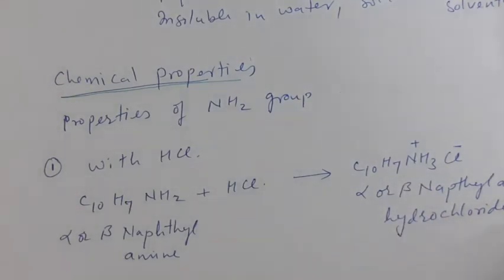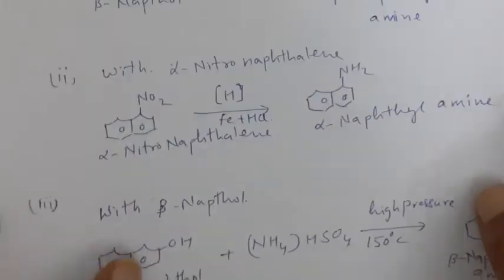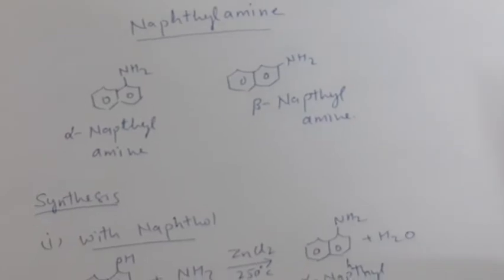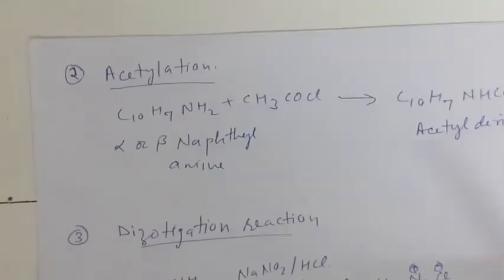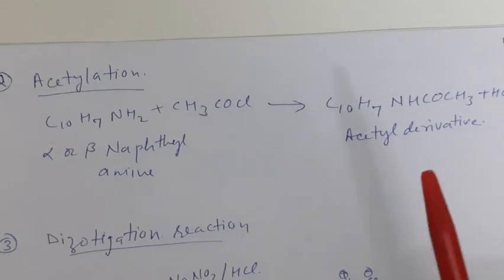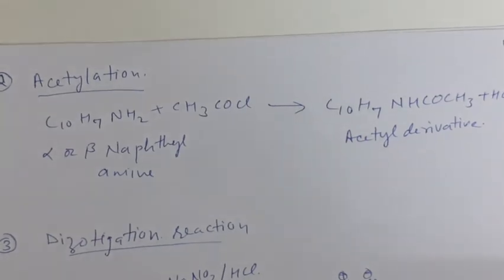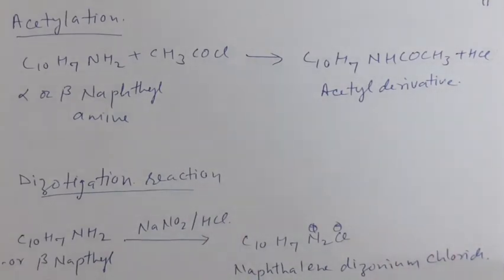The acetylation reaction: alpha or beta naphthylamine reacts with acetyl chloride to give the acetyl derivative, that is, the anilide is formed and HCl is removed.